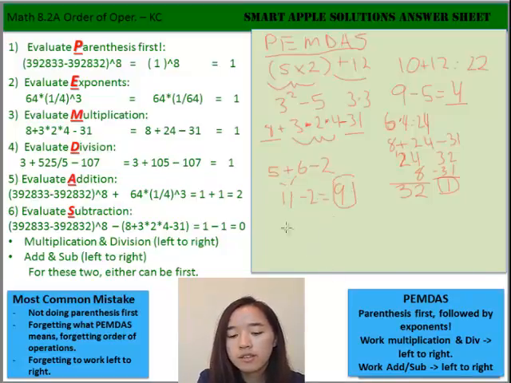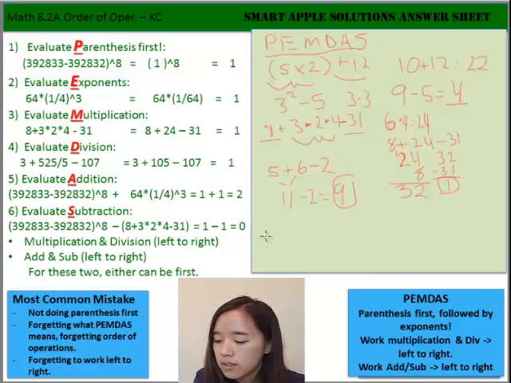Now let's look at subtraction. If we have, let's say, something similar, 5 minus 12 plus 3.